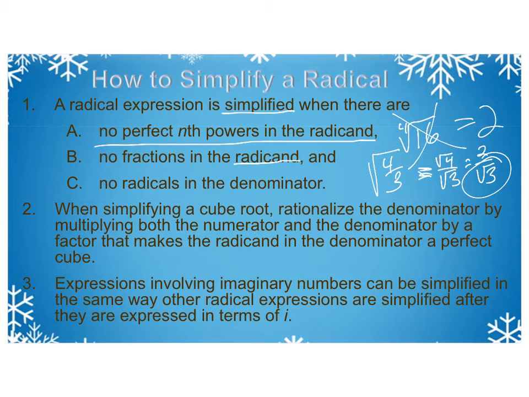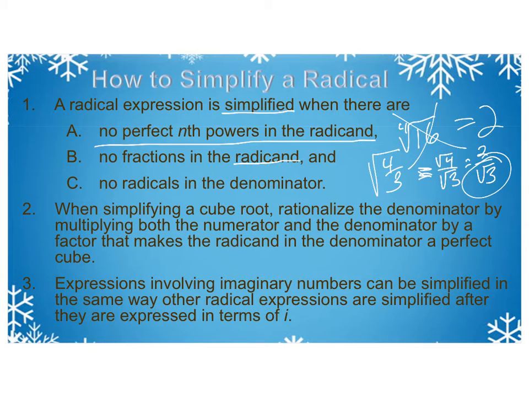When simplifying a cube root, rationalize the denominator by multiplying both the numerator and the denominator by a factor that makes the radicand in the denominator a perfect cube. This is true for any nth root. I'll explain these, you'll see examples.